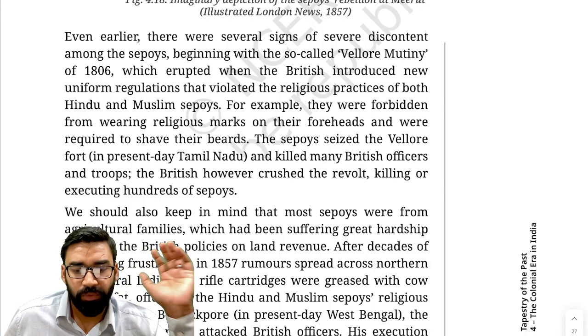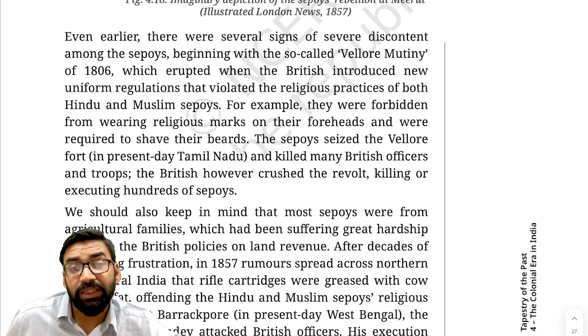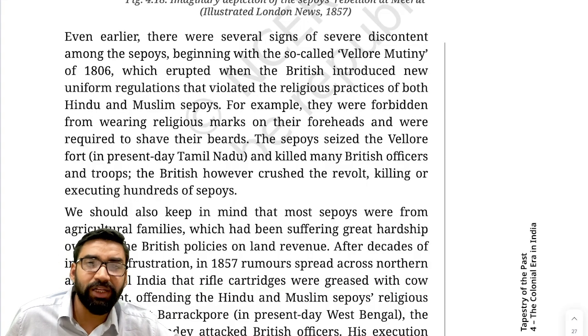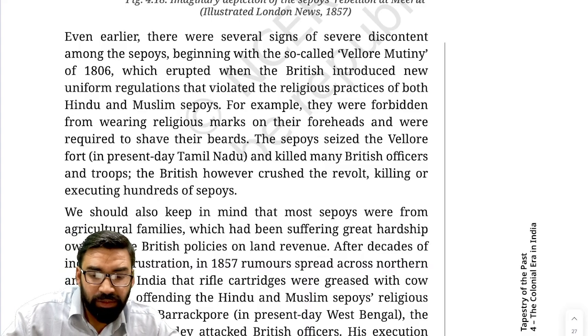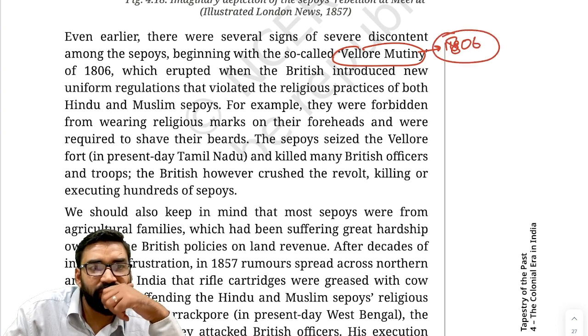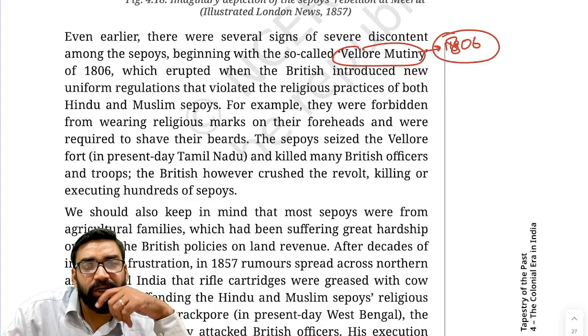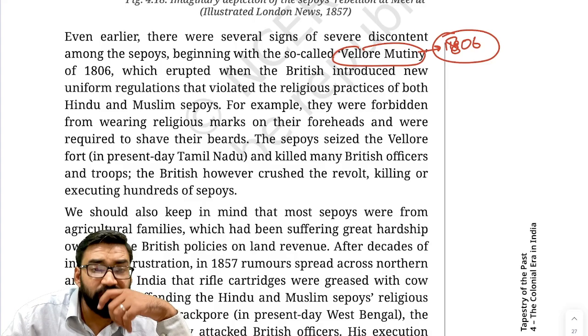Fine? Now, my first question here: is there any other mutiny before this revolt of 1857? Then yes, the name of that mutiny was the Vellore Mutiny of 1806. Before this revolt of 1857, there was one more mutiny called the Vellore Mutiny. Clear? And why did the Vellore Mutiny erupt? It erupted when new uniform regulations came.